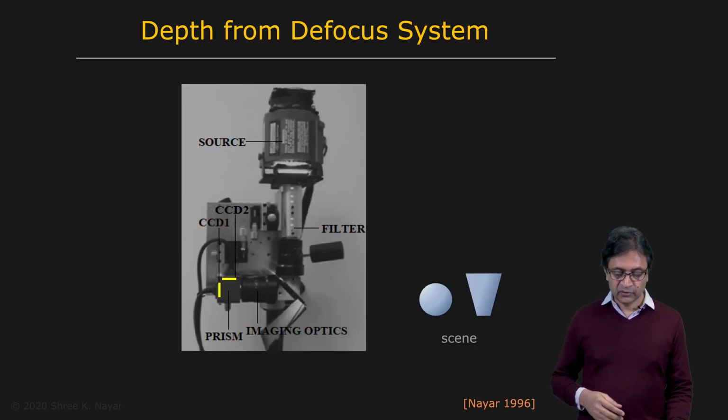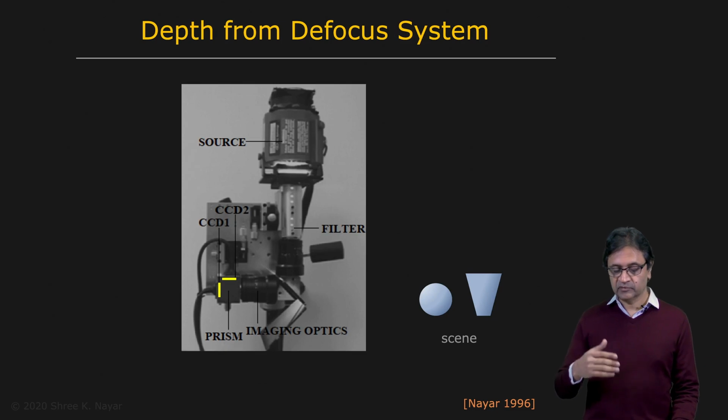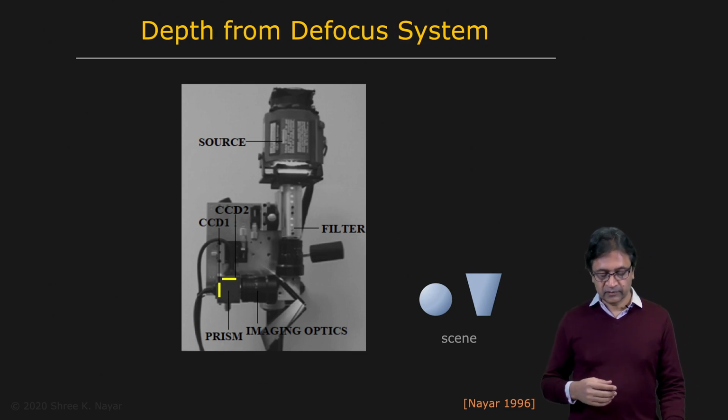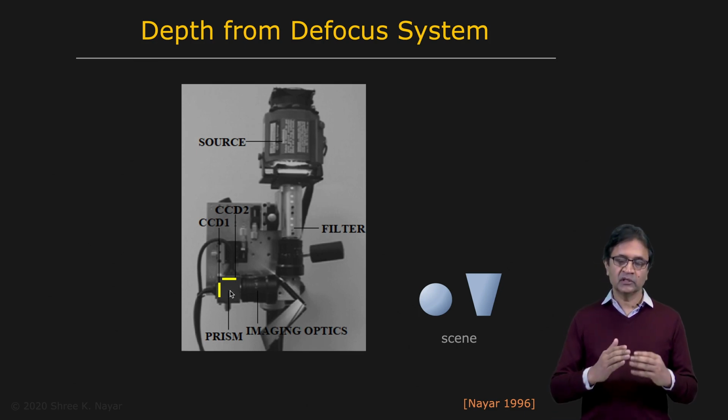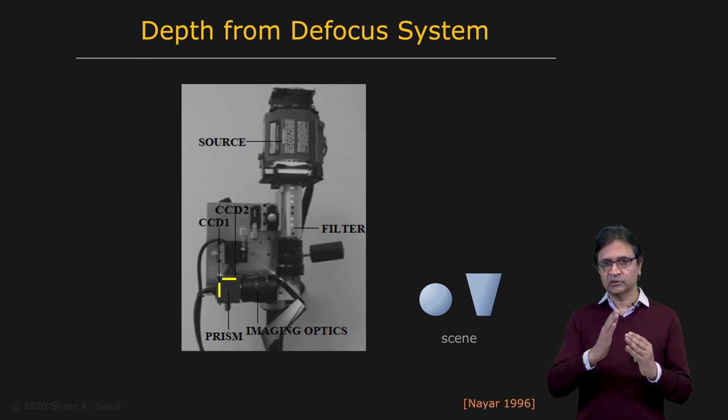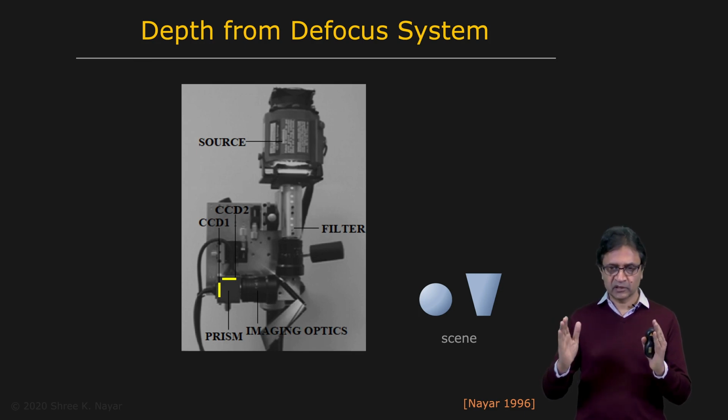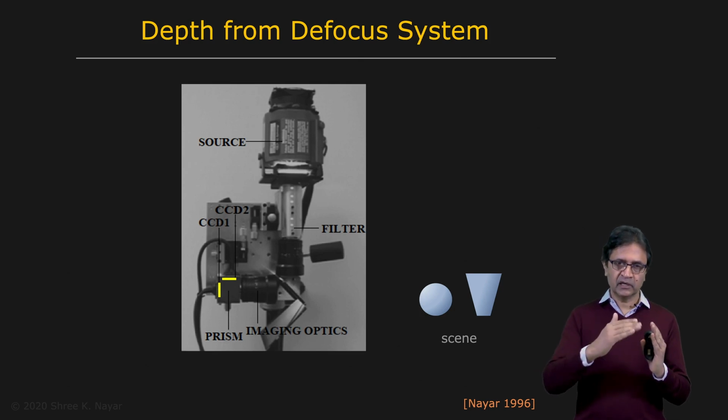And now I want to show you one of the early depth from defocus systems that was developed to be real-time. So in this case, you have your scene sitting out here, and you have a lens here, imaging optics, the lens right here. And this lens creates, of course, an image. And this image is actually split into two images using what's called a beam splitter. Essentially passes half the light through, and the other half is reflected.